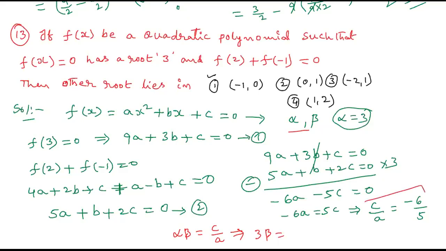Here we got minus 6 by 5. Substitute minus 6 by 5. Finally, the beta value we got is minus 2 by 5. So beta value minus 2 by 5 lies between minus 1 and 0. So the first option is correct.